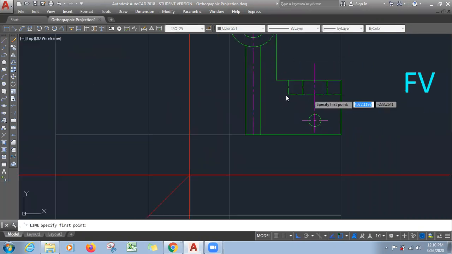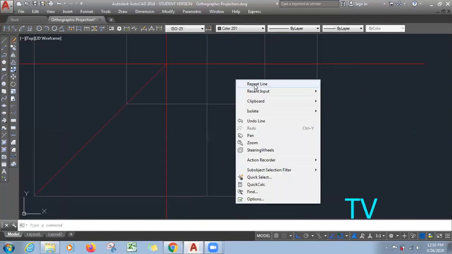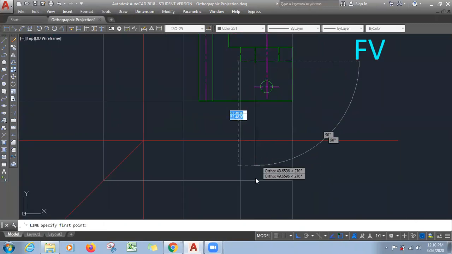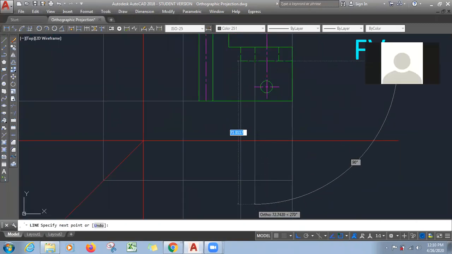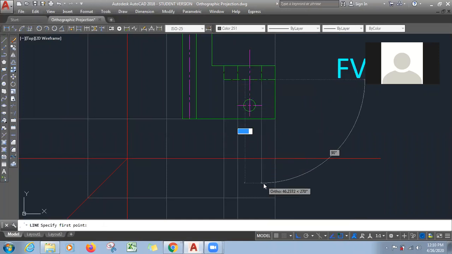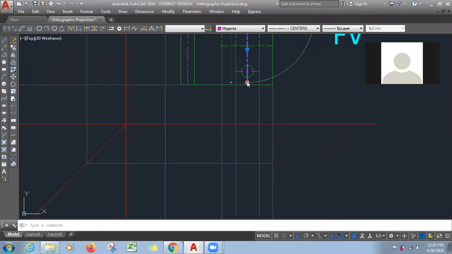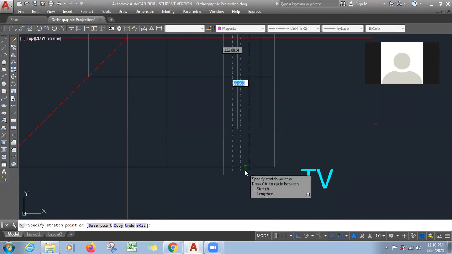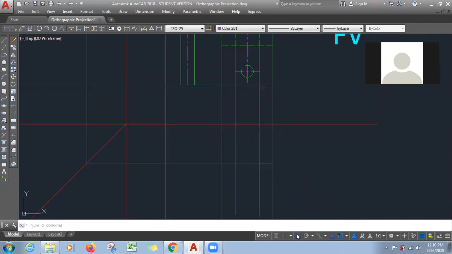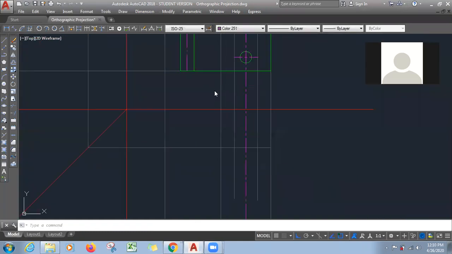Now you see this can be projected, repeat, then this thing can be projected like this, repeat, this one. Then this center line can be projected as a center line only.